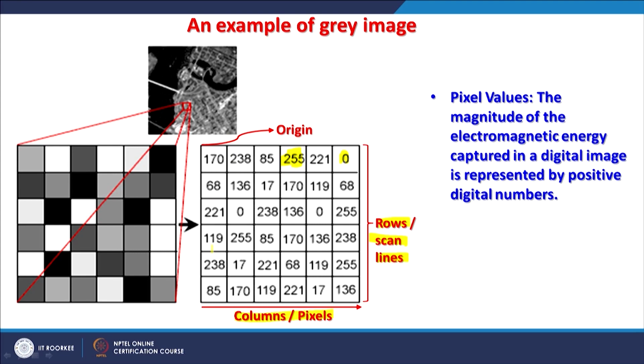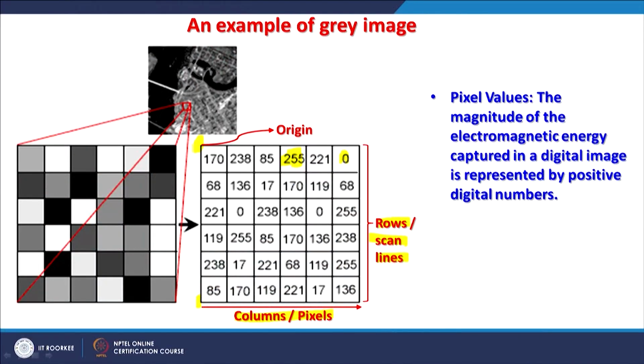Generally, for an image in the geometric domain, the origin is always considered from the top left, but when the image has geographic coordinates, which we will discuss under a new topic, georeferencing of satellite images, then once an image is georeferenced, the origin is shifted to the bottom left.